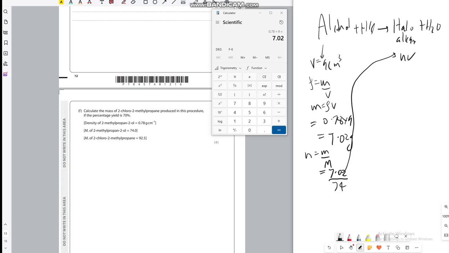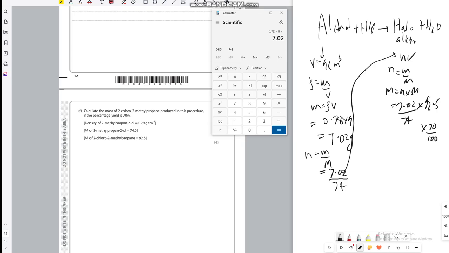They're asking the mass, right? To find the mass, I use n equals m over M, so m equals n into M. The number of moles is known, 7.02 over 74, into the molar mass of the haloalkane, 2-chloro-2-methyl propane, which the question has given as 92.5. They have said the percentage yield is 70%. That means you have to multiply that by 70 over 100.